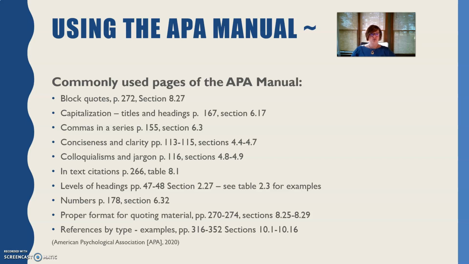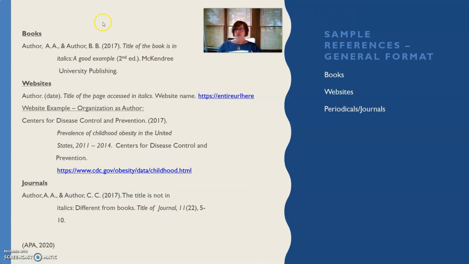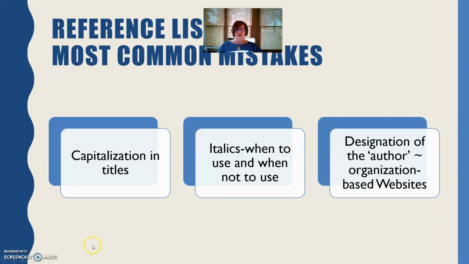So those are 2 really good tools to know that they're there, and refer to the inside covers of the APA manual. And moving on, these are just some examples for a book, for websites, as well as journals. So just know that that is available to you.